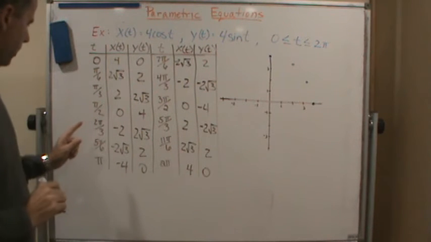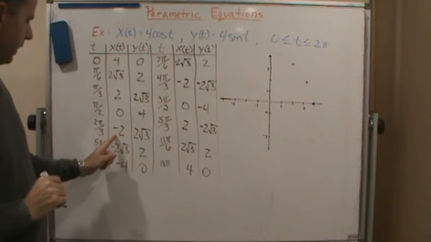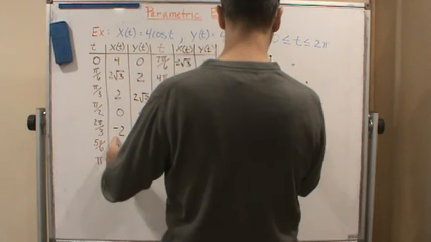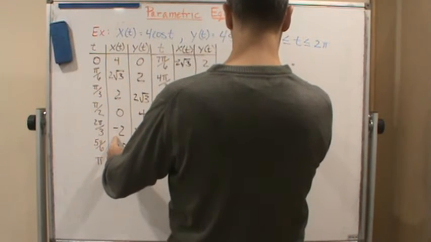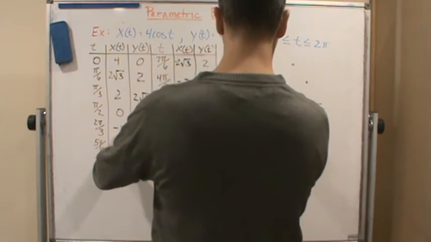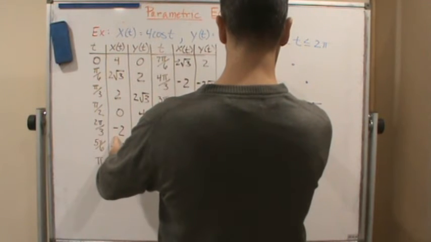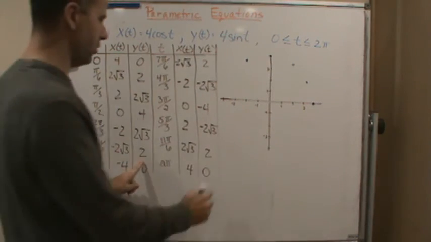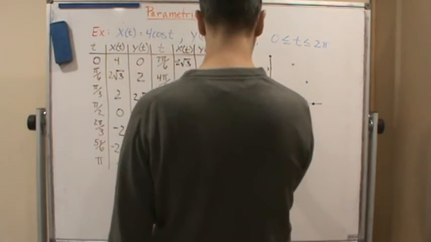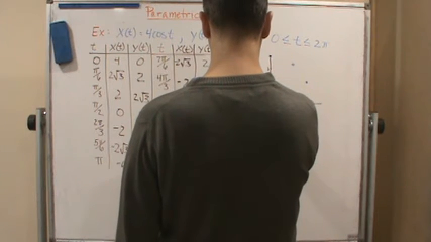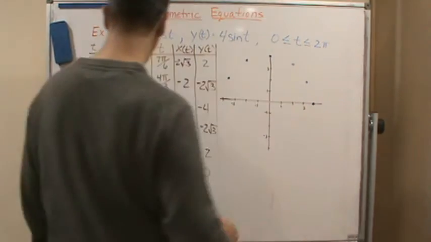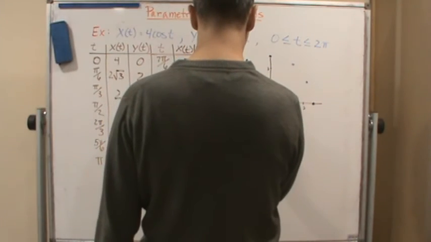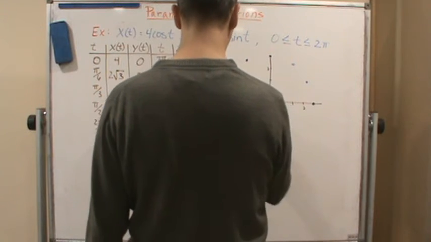Now, the second quadrant goes to -2 and about 3.5, so about right there. And then -3.5, comma 2 is about right about there. And then it's -4, 0. So -4, 0 is right there.